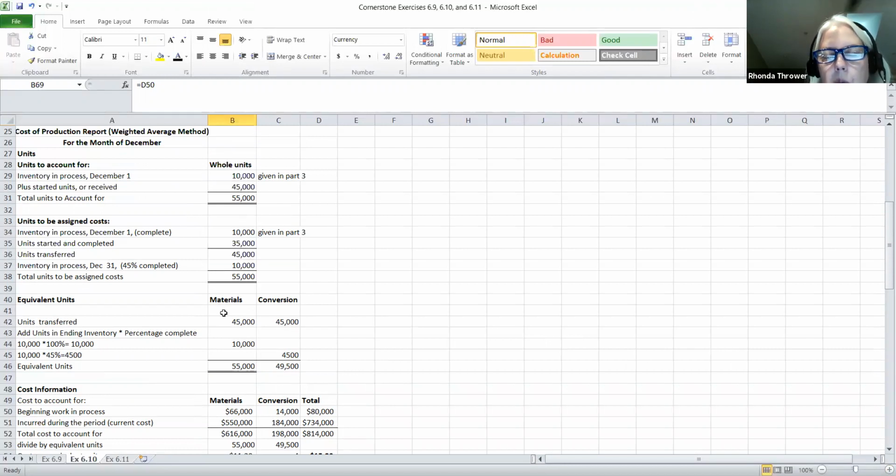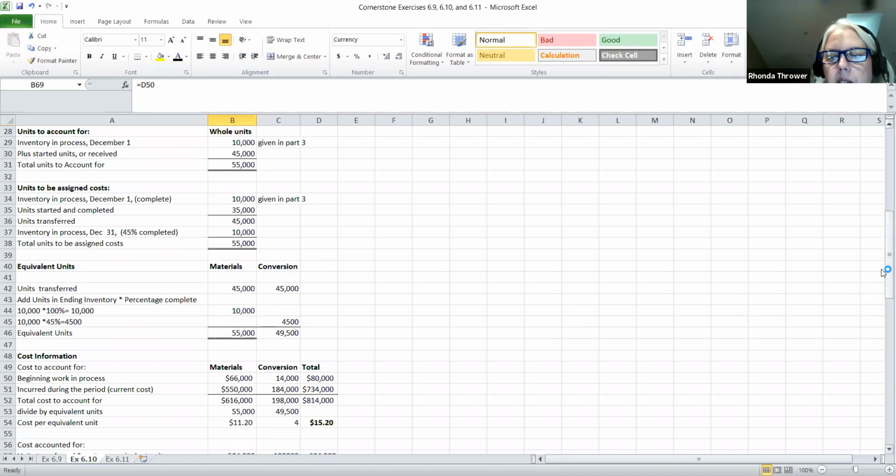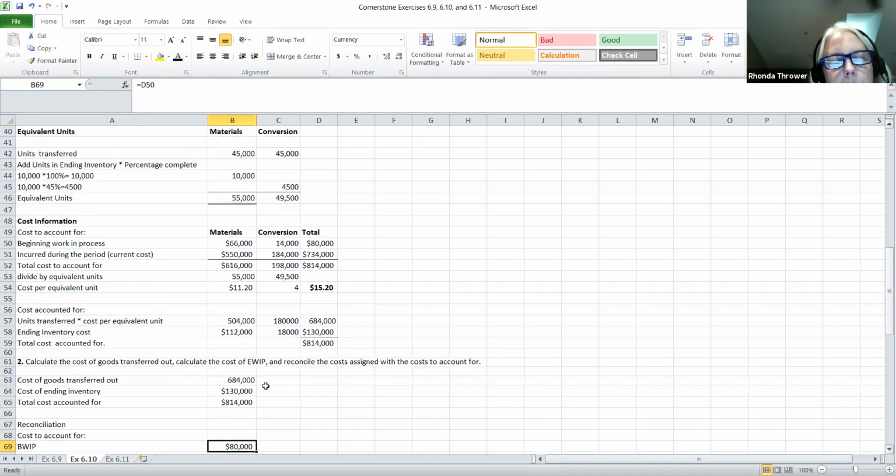The only difference between the weighted average method and the FIFO method is that in the weighted average method, they combine the beginning inventory cost with the current period cost, whereas the FIFO method kept it separate. Last month in the FIFO method's cost were last month's cost. The current month and the previous month are kept separate in the FIFO method.